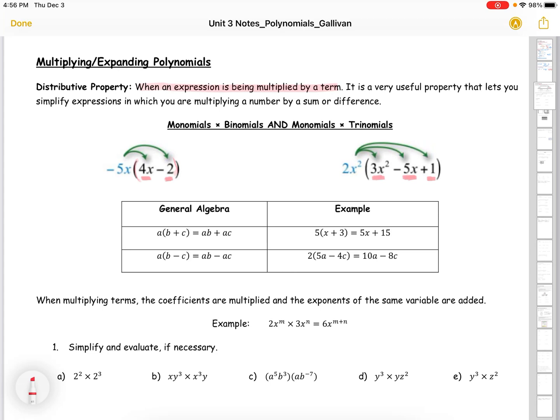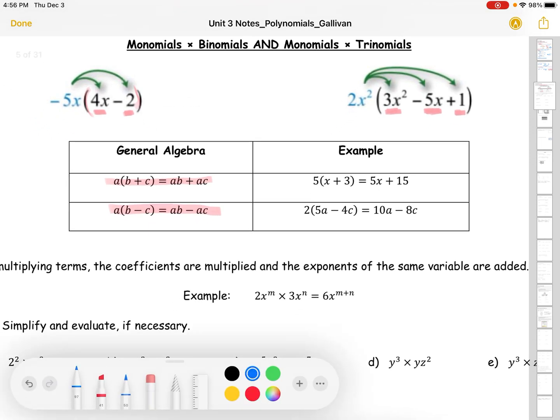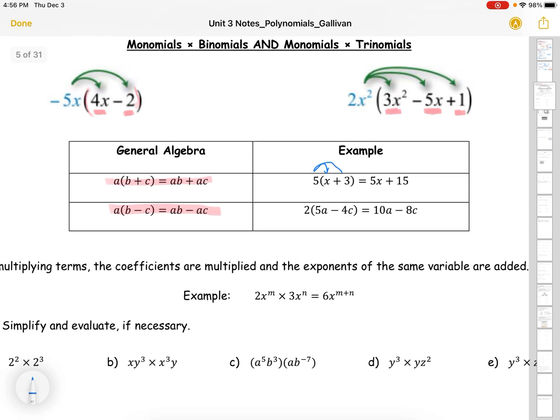The general algebra for it looks something like this. And we can see how it works with these examples. So basically, we've multiplied everything inside by this. 5 times x is 5x, and 5 times 3 is 15.